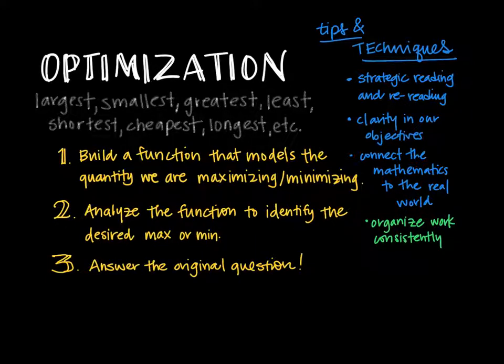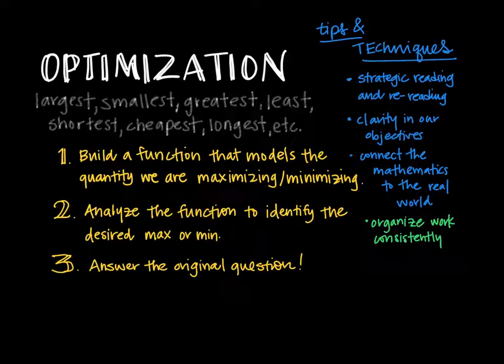I'm going to be asking you to write down in clear, complete sentences as part of your answer what your objectives are at particular stages. And then I'll also be cueing you to connect the mathematical notation that you're writing down on your paper to the real-world example of the problem you're discussing.